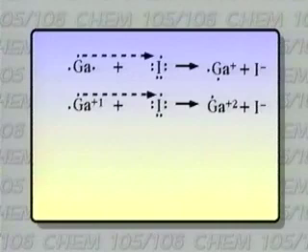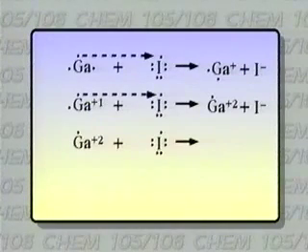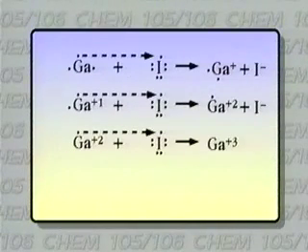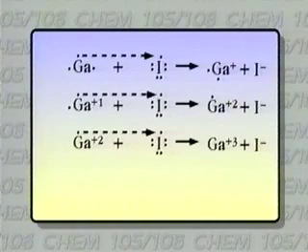And that still hasn't achieved a noble gas-like structure. So finally, the Ga2+ gives up its 3rd electron and we form a Ga3+ and another I minus ion.